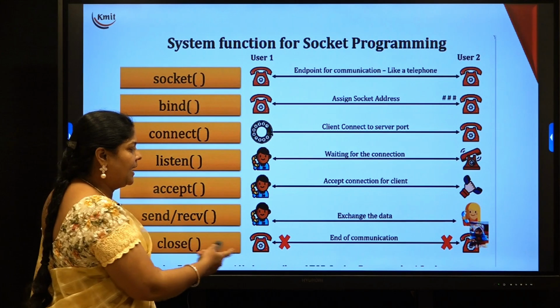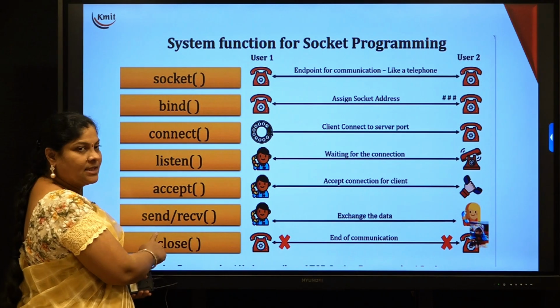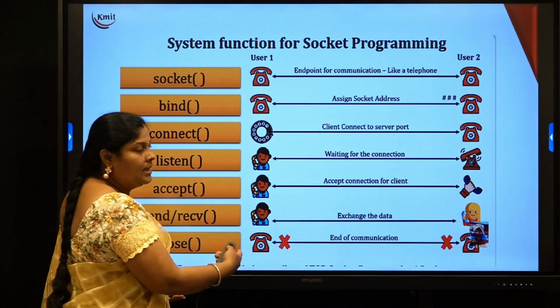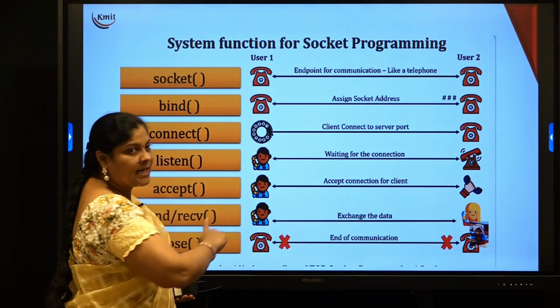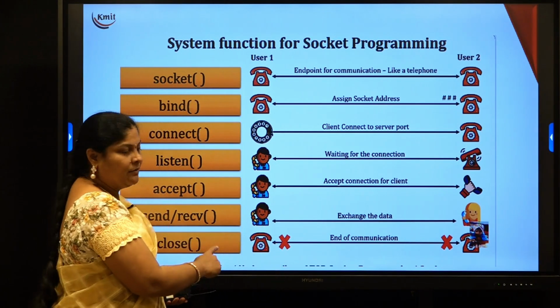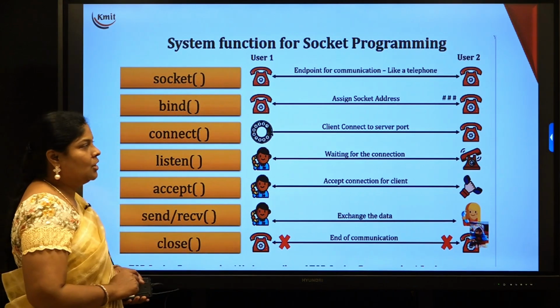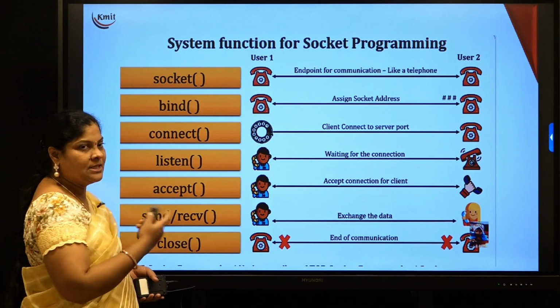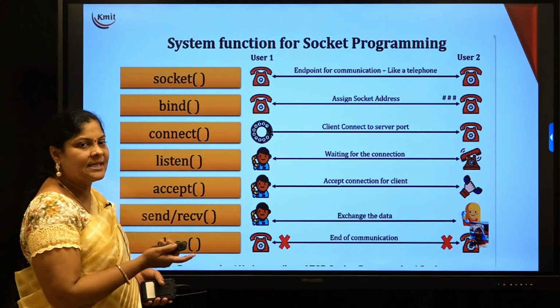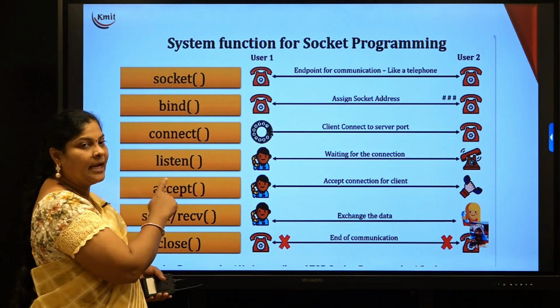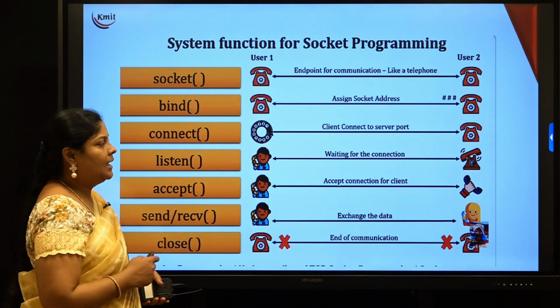The next process is exchanging data. For exchanging data between user 1 and user 2 you can use either the send or receive methods. Once the communication is completed, you end the communication using the close method. So these methods we will see in detail again. In order to understand socket programming, connecting the endpoints from one user to another user, we have taken this telephone example.